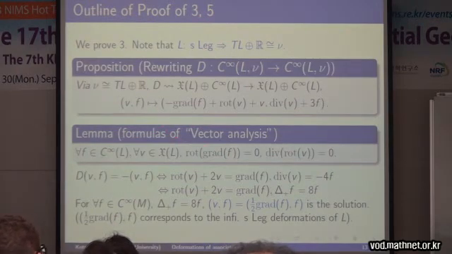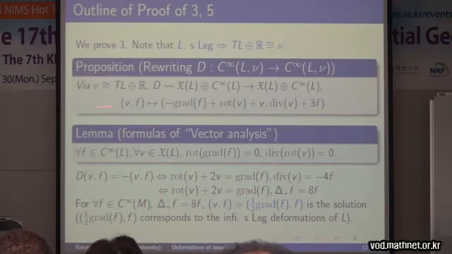To consider the associative deformation of special Legendrian, we only have to consider the -1 eigenspace of D. So first we set D V f equal to -V f.